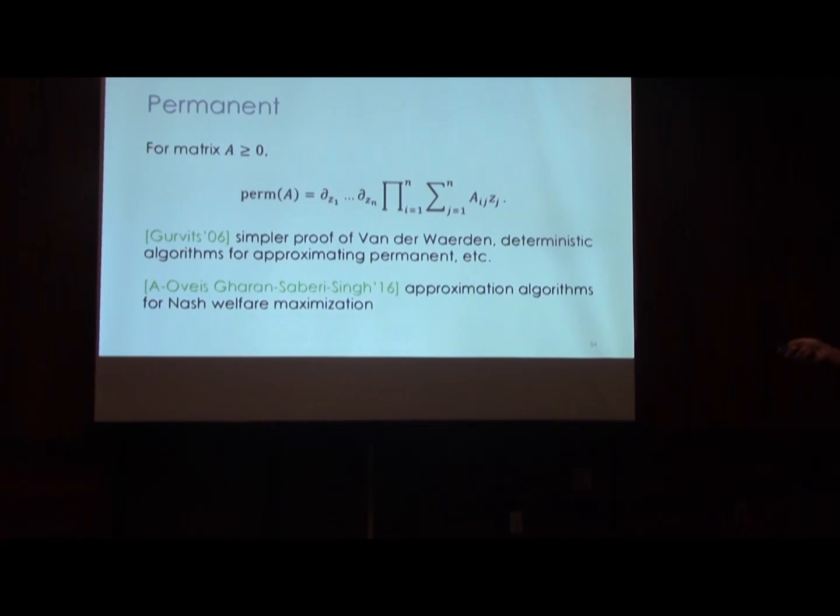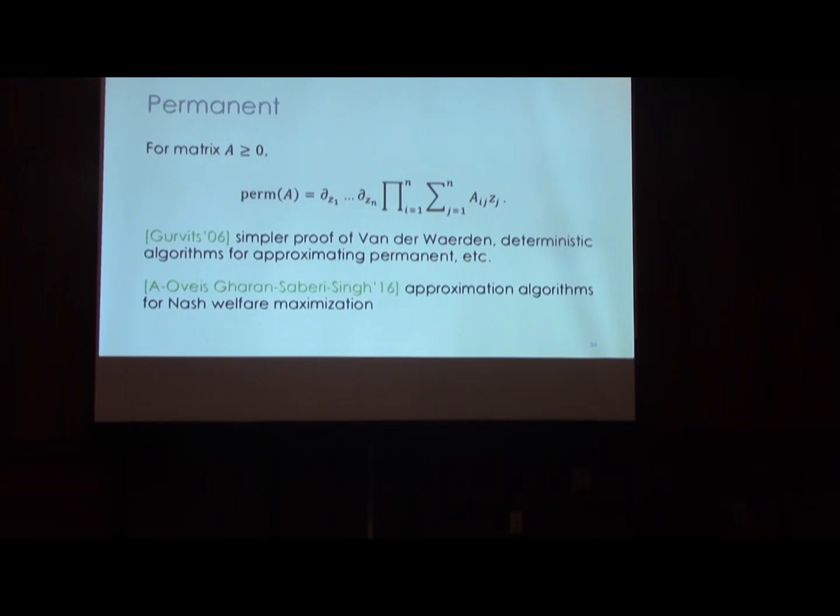The product of real stable polynomials is real stable. Right? So this whole polynomial on this side is real stable. And this polynomial encodes the permanent as one of its coefficients, the coefficient of z1 through zn. Okay? Now using this observation, Gurvits was able to give a very simple proof of the van der Waerden conjecture.